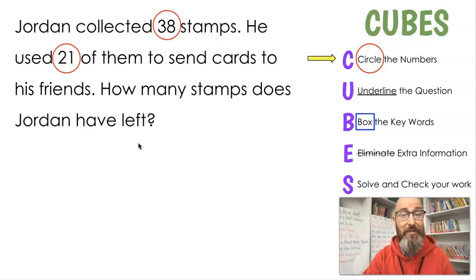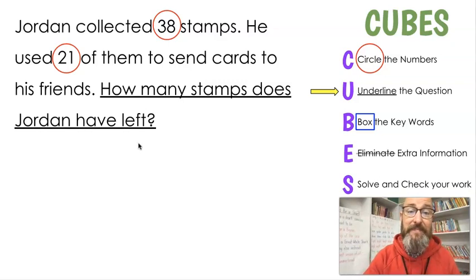I'm sure you found 38 and 21. Next, we're going to do U, and U stands for underline the question. Look for the question again. We're looking for the question mark. What is the question? That's right. How many stamps does Jordan have left?